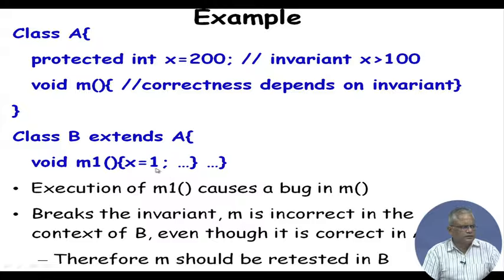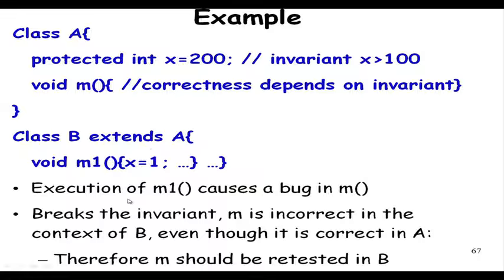So, he assigned x equal to 1, and therefore, m which worked correctly in A, once m1 is called, will fail in the extended class B. So, the execution of m1 causes a bug in m, and unless we test m here in the extended class B, we will not be able to discover that bug.